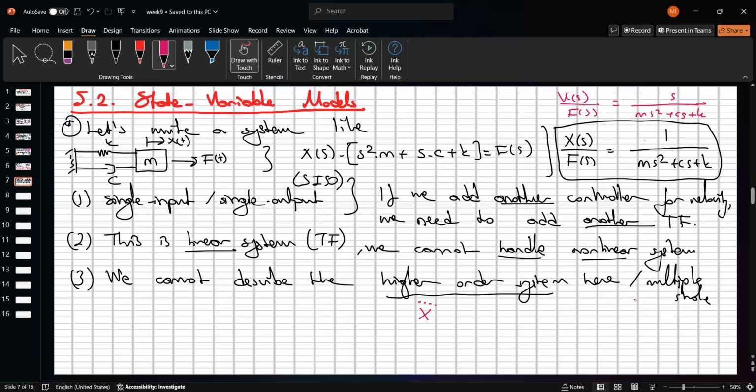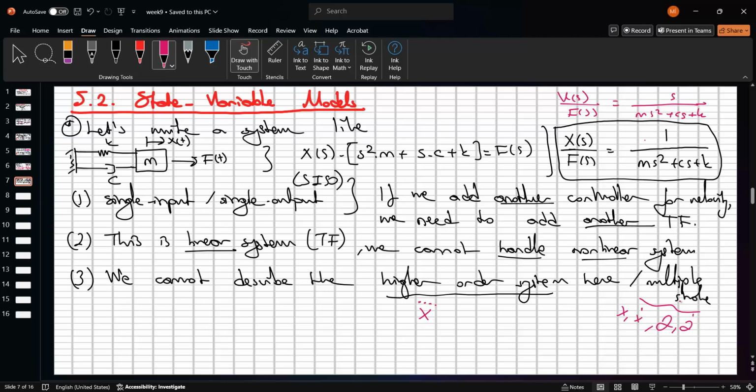Or maybe our system possesses multiple states, for example x dot, or theta dot. If you have a pendulum cart model in your system, we have the horizontal movement, which is translational motion, or we can have rotational motion, right?